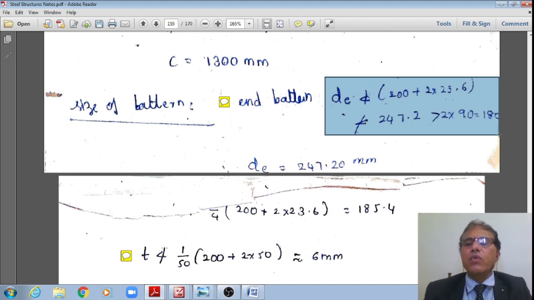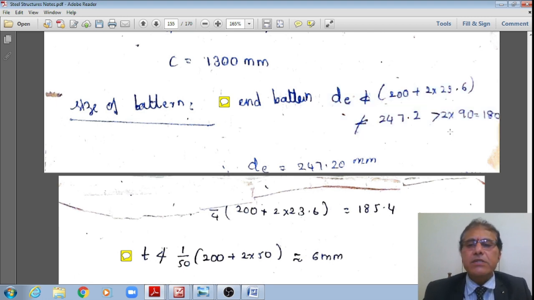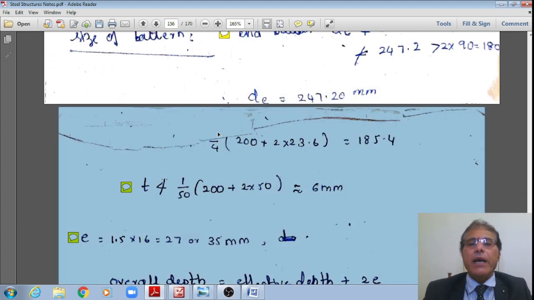Let us say if I get 147.2, which is less than 180, it is not acceptable. In such a case, you fix 180, not 147.2, student. Please make a note of that. Hence, D equal to 247.2 is okay.